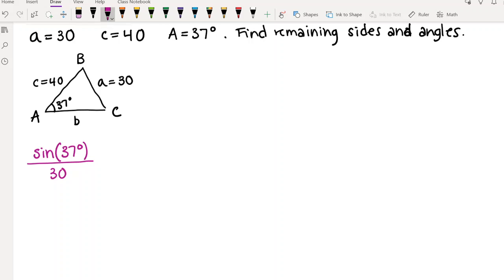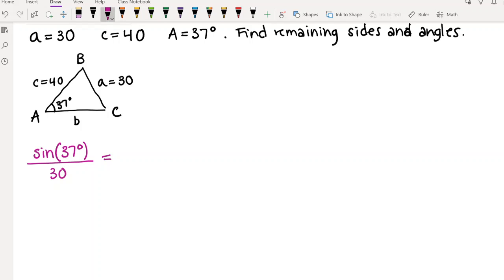Actually, sorry, I take that back. In this case, we can't just go however we want. We don't know anything about side b or angle B. It would be true to write down that this is equal to sine of B over b, but that's not going to help us because that's two things we don't know. So what we want to do instead is go to the one that we do know something about.